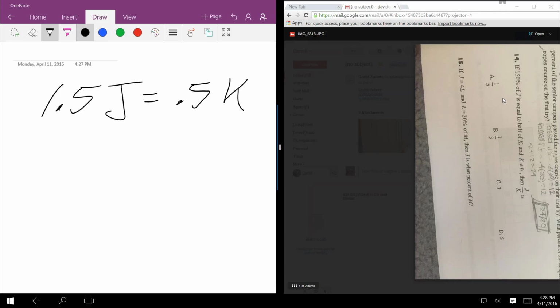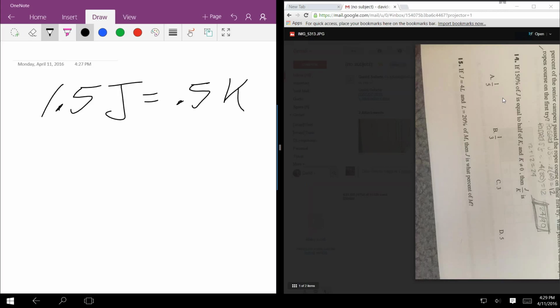Now they want to know what j over k is. Well, how do I get j over k? You divide j by k. You divide both sides of the equation by k. That's the answer I'm looking for.